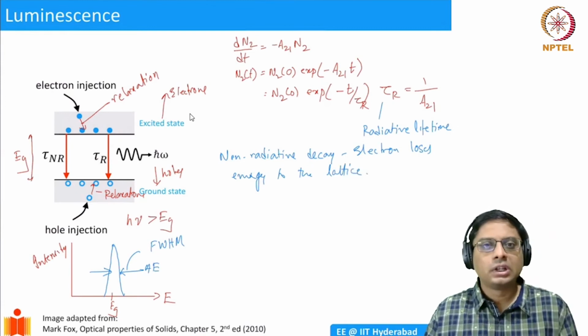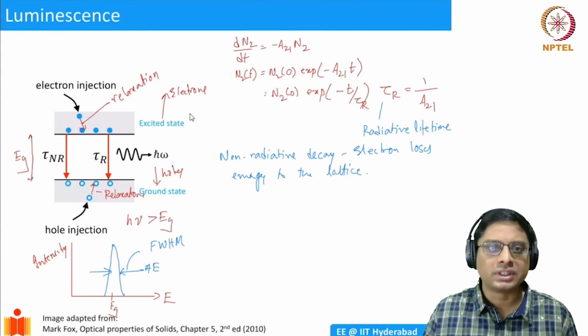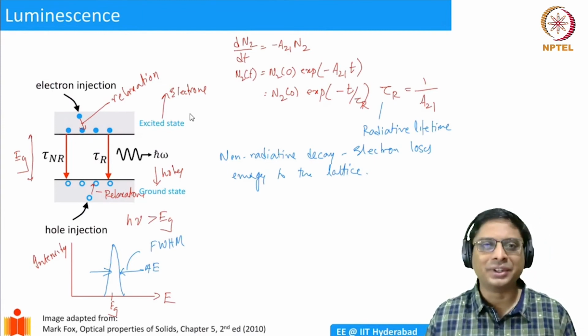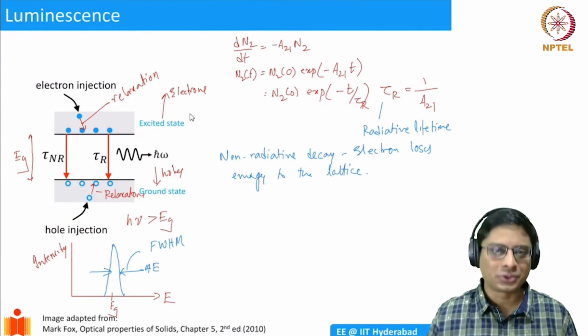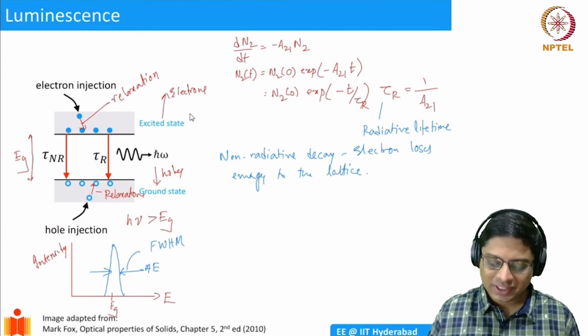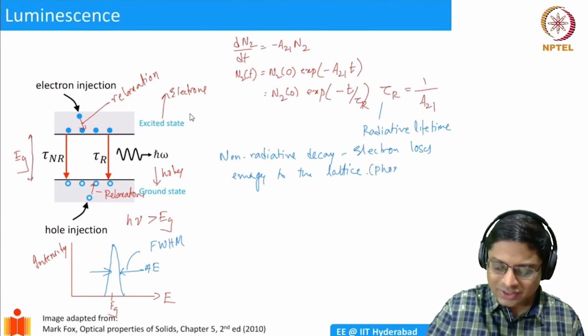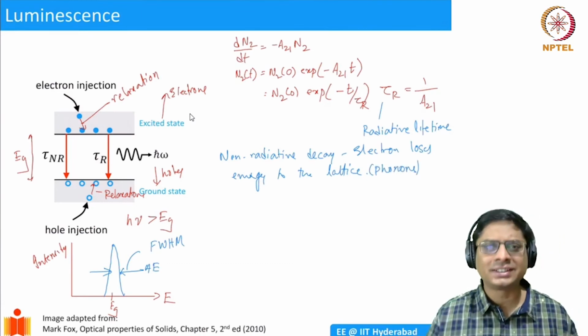This is also going to be present, of course. It's never going to be that only radiative decay is present. We would like radiative decay to be more because we want photons to come out. When it is non-radiative, it is losing to the lattice, to phonons, which is essentially heat. It's heating up the semiconductor, which we don't like.